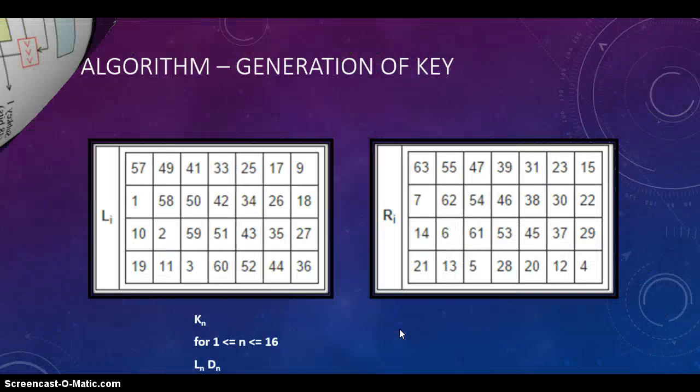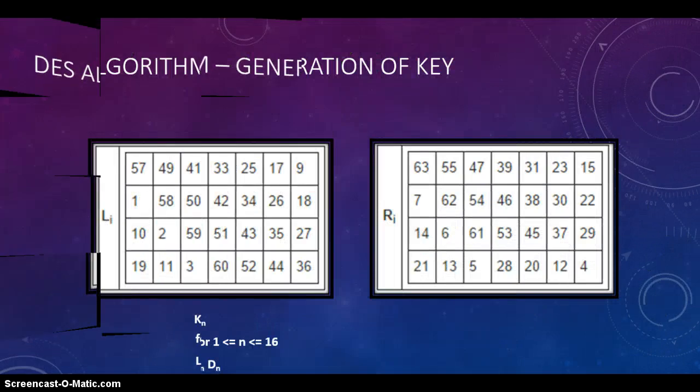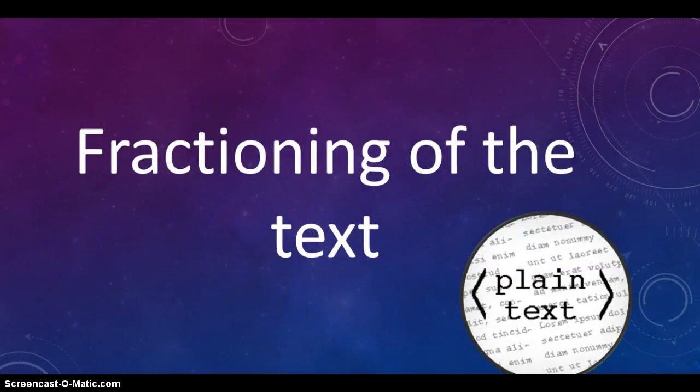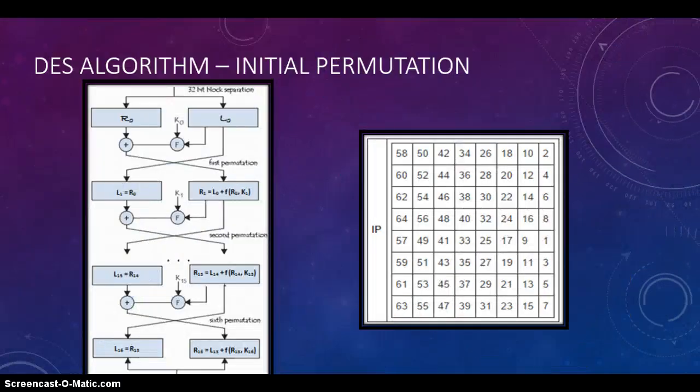So let's take a look now at the second part, which is the fractioning of the text. We are going to take our 64-bit message and apply an initial permutation. Our first bit in the permuted message will be the 58th bit of our original message.